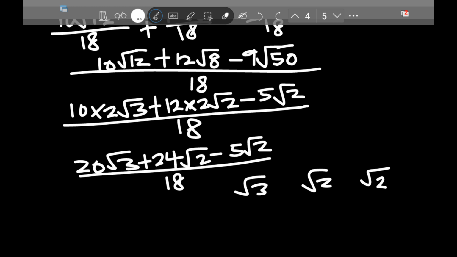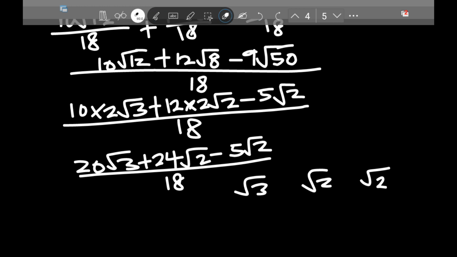But we cannot divide root 2 by root 3. If we use root 2, root 2 can divide root 2 and root 2, but we're going to be left with root 3, and root 3 cannot be divided by root 2. So therefore, we do not have any highest common factor here as well.